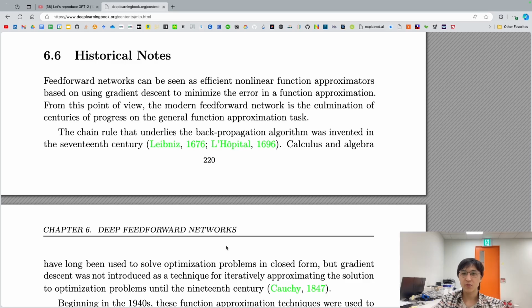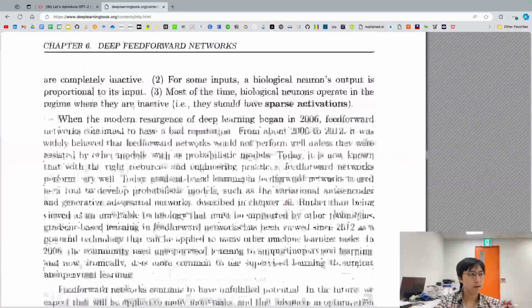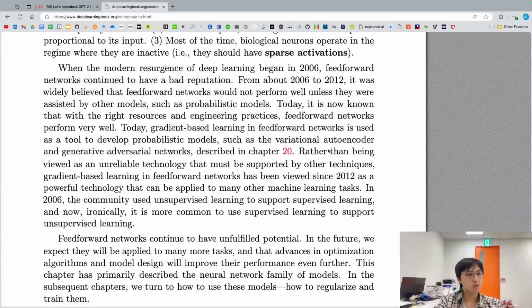They are also used to create probabilistic models such as variational autoencoders, generative adversarial networks, and so on.